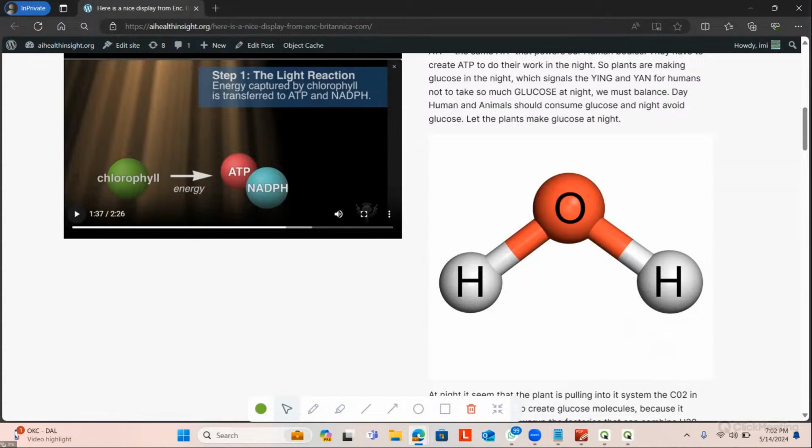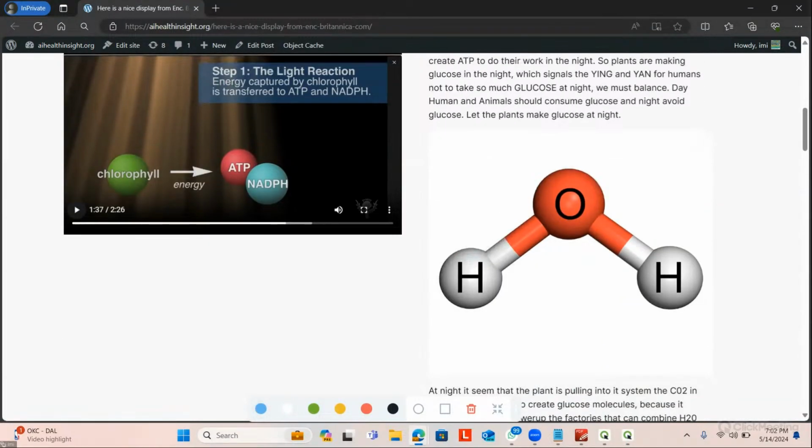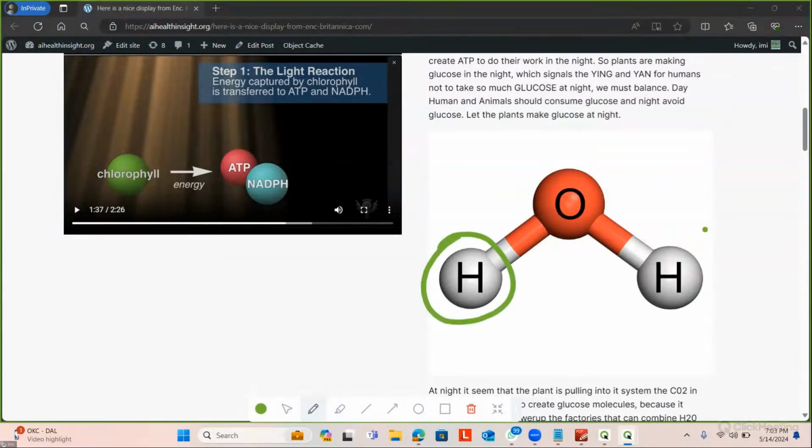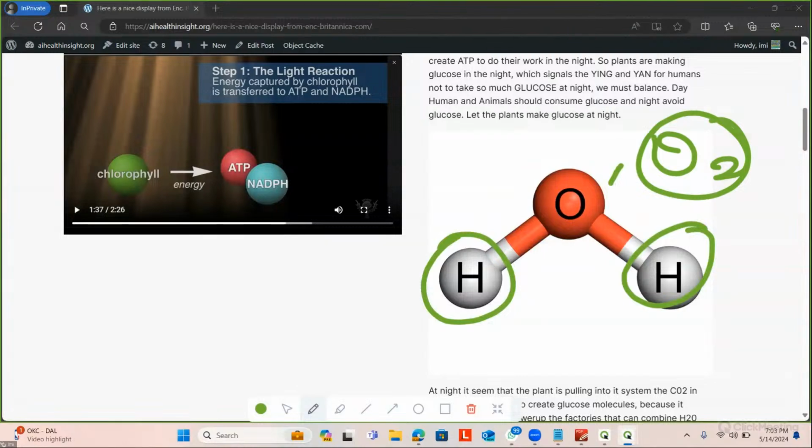When the plant takes energy, it's splitting the water molecule right here. If you take out this and this and another one like that, and you're getting O2, they join and make O2. The plant is only splitting the water to make hydrogen and oxygen. Now, where in this house do we see this happening?